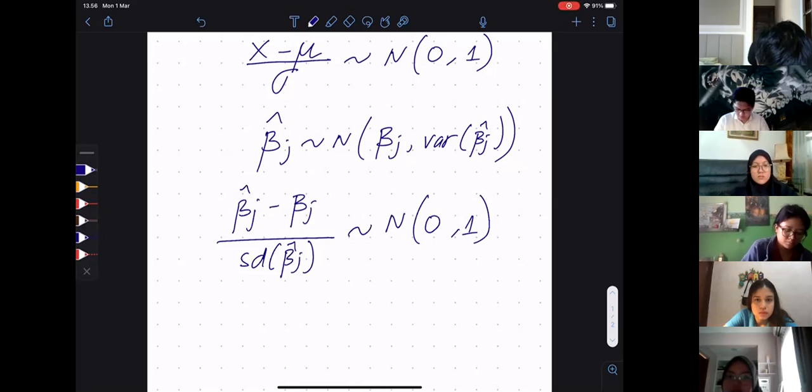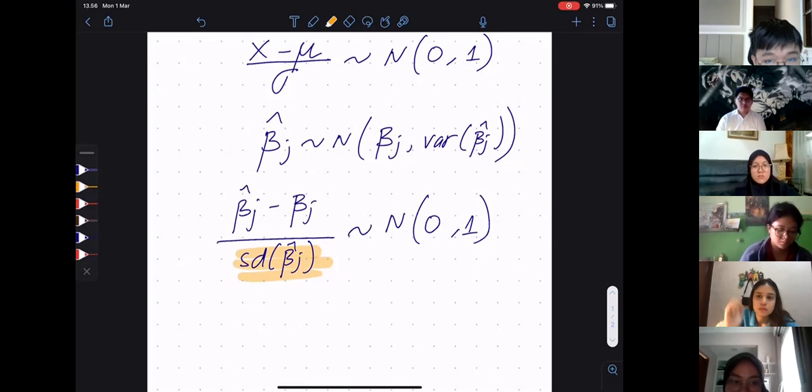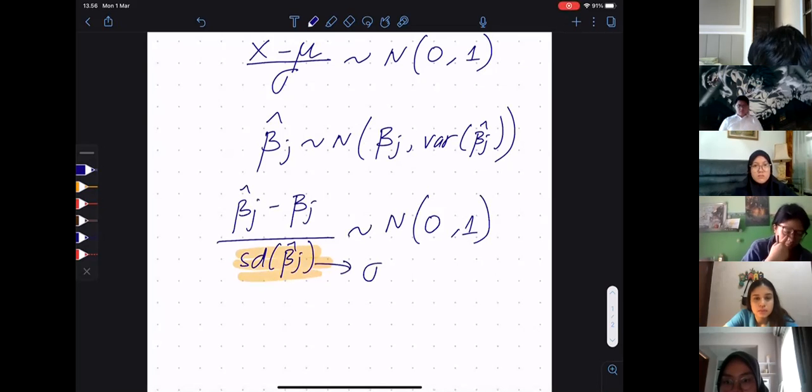However, again, we don't know the value of the standard deviation. Why can't we know the value of the standard deviation? Because remember, we don't know the value of sigma square, which is the variance of the unobservable conditional on x. Why don't we know the value? Well, it's because in general, it's the population parameter, and a lot of times you don't know the population parameter.